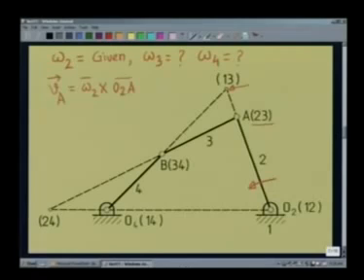So, velocity of A, if I consider it to be a point on link 3, which is rotating with angular velocity omega 3 about the point 1, 3, that is, I have to take this vector from the point 1, 3 to A. Now, these two are same, these two equations both give VA, and the only unknown is omega 3. So, I can determine omega 3.